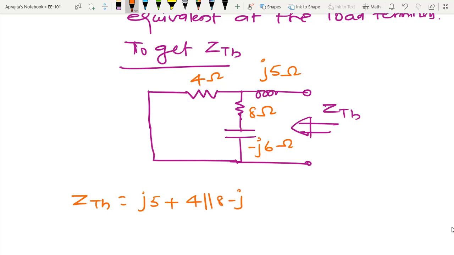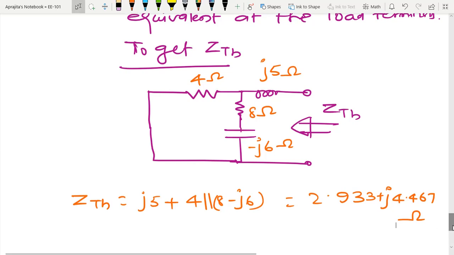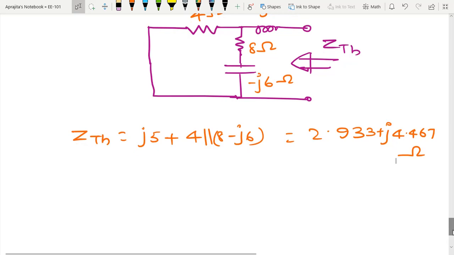So this parallel circuit is in series with the J5. If you do this calculation directly, the numerical value is 2.933 plus J4.467, and again this impedance can be represented in the same magnitude.